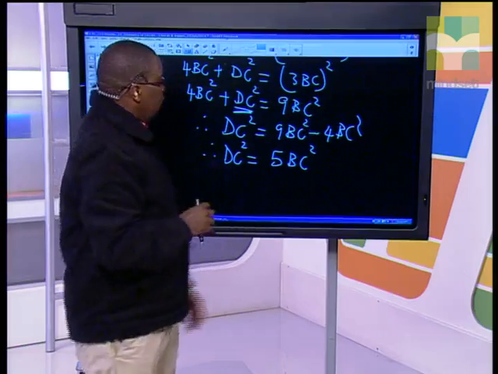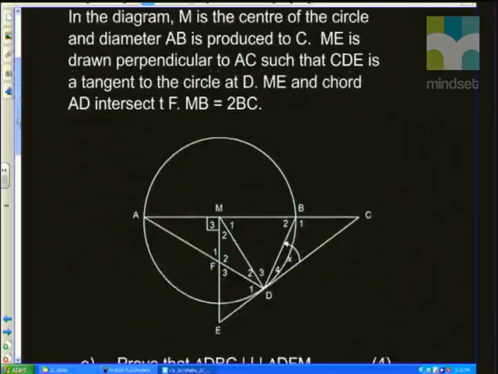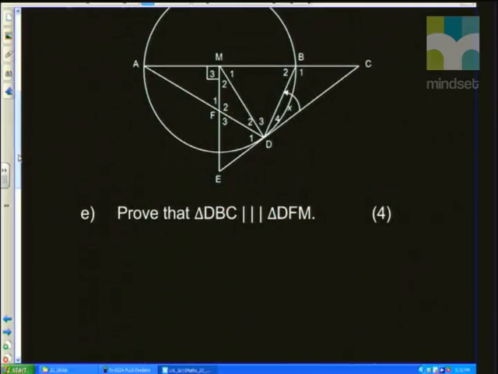Okay. Right. Now, let's see if we've got another question on this part. Now, we have to prove that triangle DBC is similar to triangle DFM. Now, we have to indicate these two triangles. It's DBC, okay? So there is DBC, and then DFM.